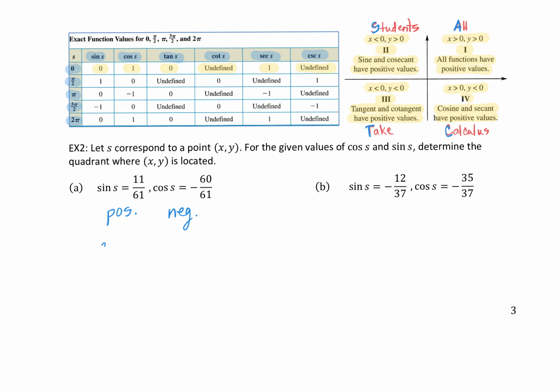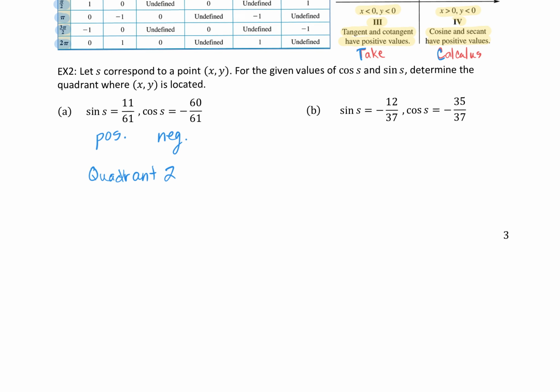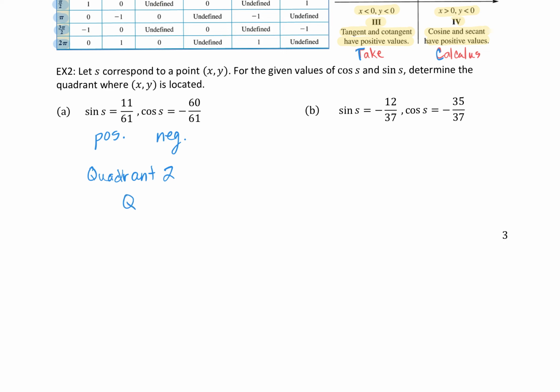So we can write quadrant 2, or oftentimes we'll just abbreviate this as Q, Roman numeral 2, or Q with a 2. So this would be quadrant 2.